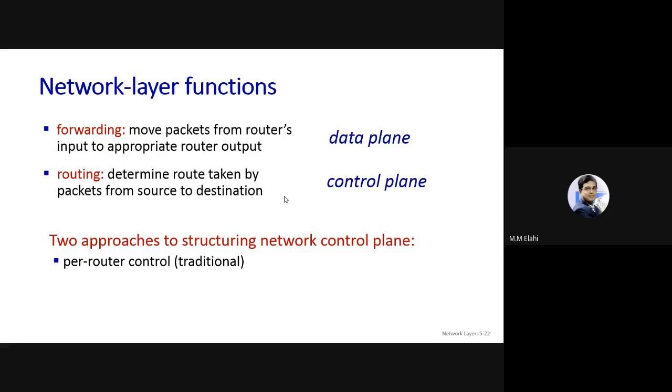So that was one way. And then another one is logically centralized control, that is what we call software defined networking. If there are 10 routers or 20 routers or 50 routers, doesn't matter, we'll create a centralized control and send the control information to the different routers from that centralized control. That is called software defined networking.